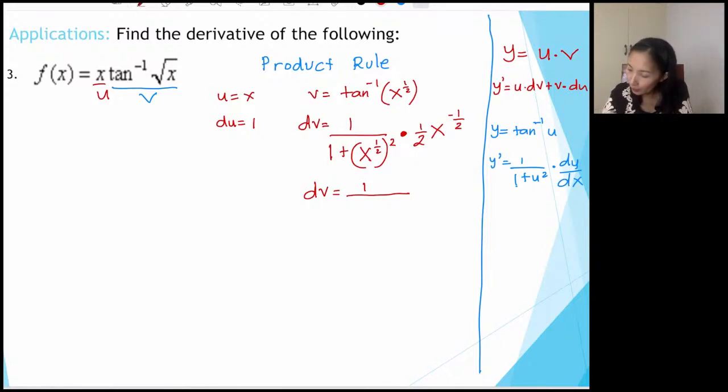Okay, 1 over 2 times 1 plus x square root of x. Okay, correct? 2 times 1 plus x square root of x.